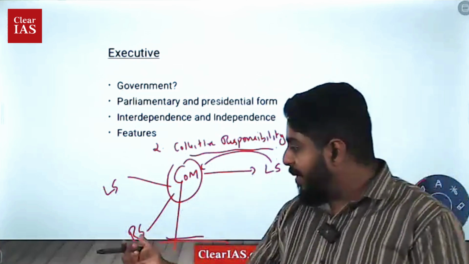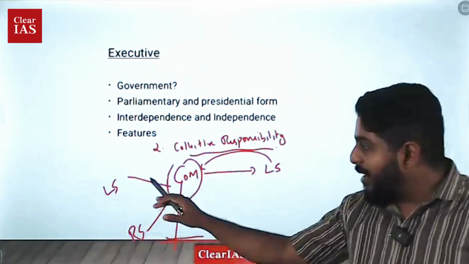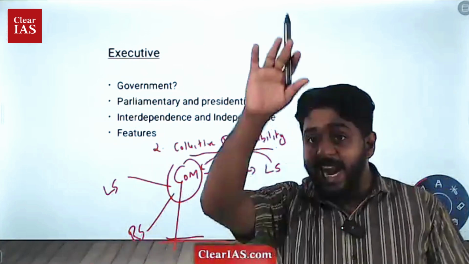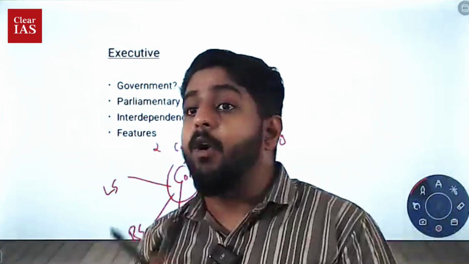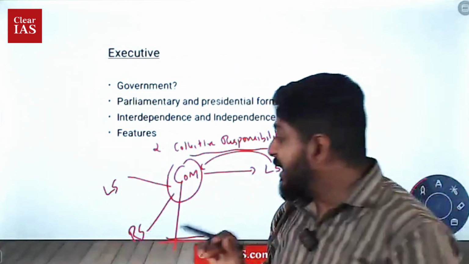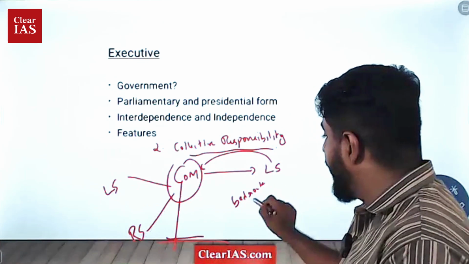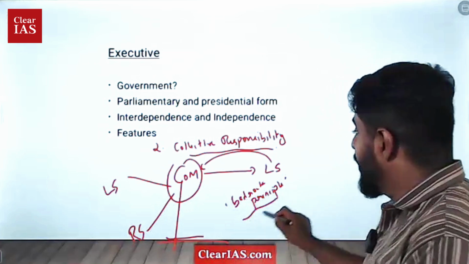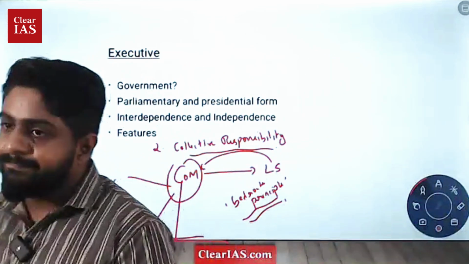Can the Rajya Sabha members say that the majority was tested in Lok Sabha, we will remain as the ministers, you go down? Is it possible? No. The entire Council of Ministers will collapse. They will swim and sink only together. That is the bedrock principle of the parliamentary form of government, which is known as collective responsibility.